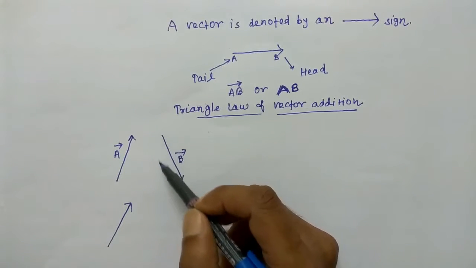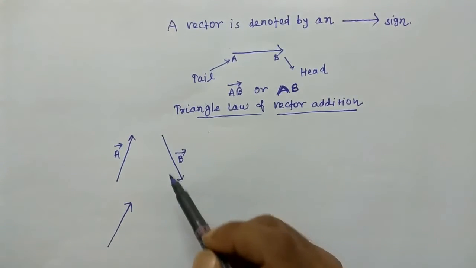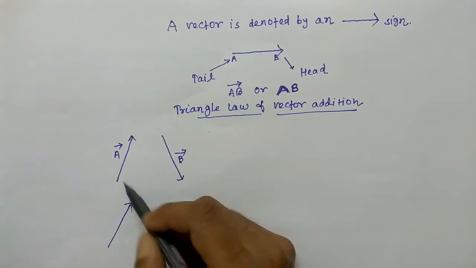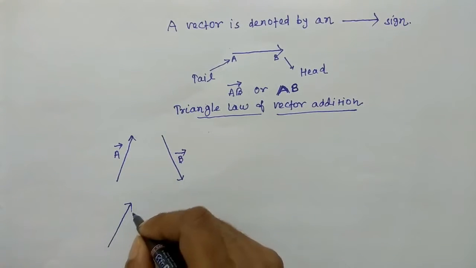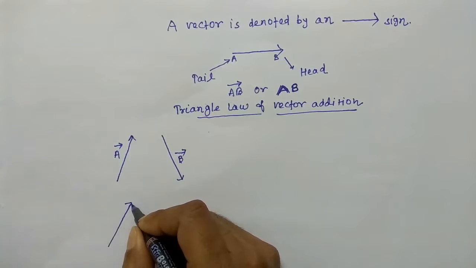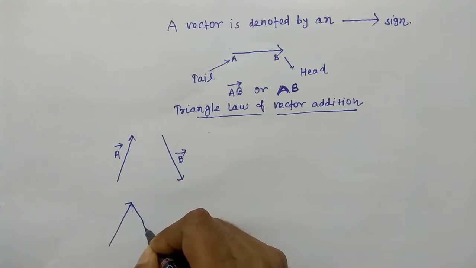So put the second vector, that is vector B, on the first vector in this way.